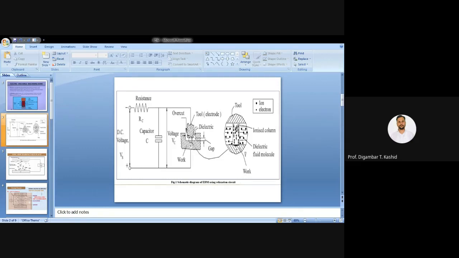The workpiece is connected to the positive terminal, so the workpiece will act as an anode.